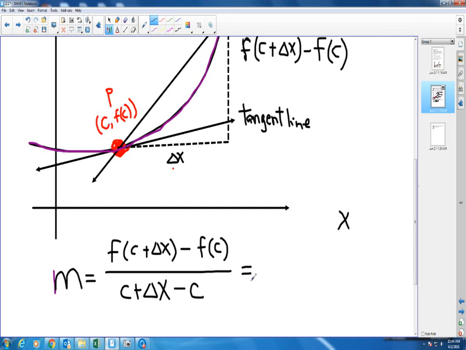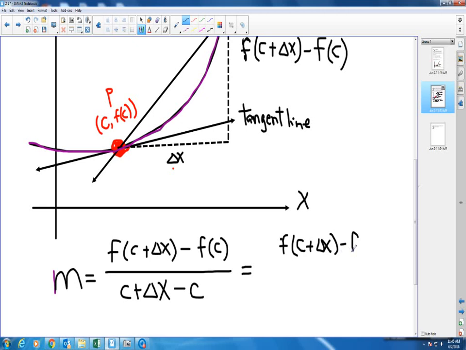And if I simplify it, c minus c cancels out. All I am left with is the top, f of c plus delta x, minus f of c, over delta x, the change in the x direction.